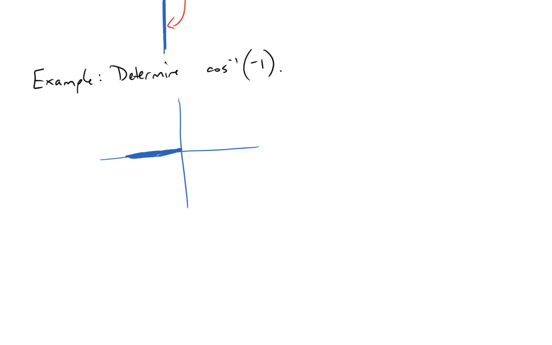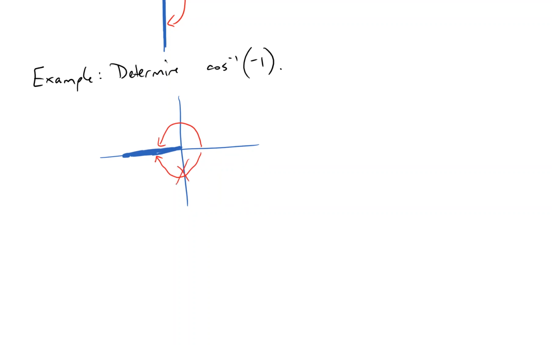So we can only be 1 unit from the origin. So we're over here. And so I'm looking at a positive rotation of this much and a negative rotation of this much. Again, they're equal. So I'm going to choose my positive angle, which is a rotation of pi. So cosine inverse of -1 equals the angle pi in radians.